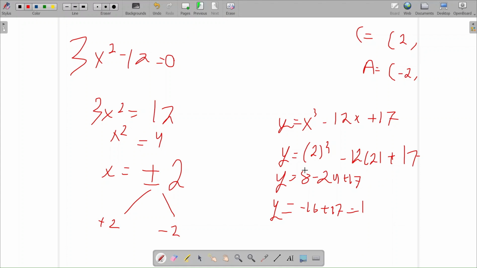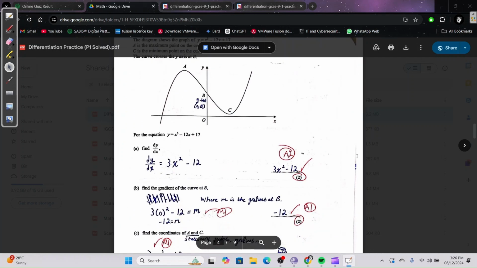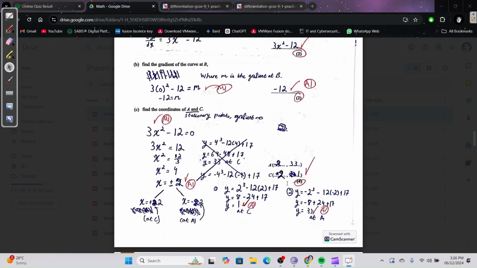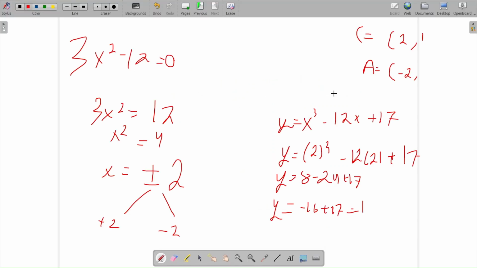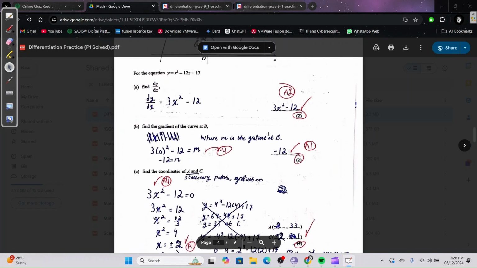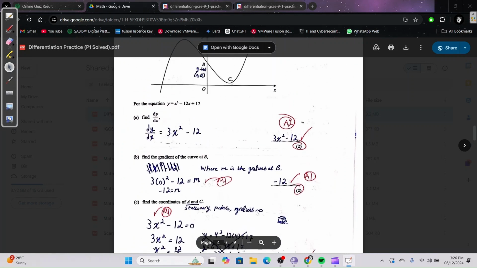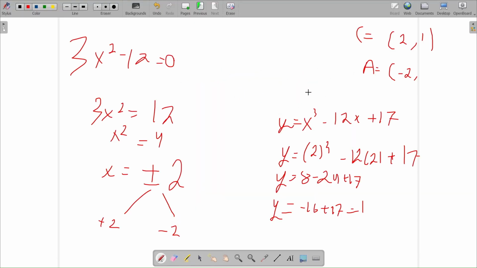So when x is 2, y is 1. Let me just make sure. Yes, when x is 2, y is 1. You can find this visually.